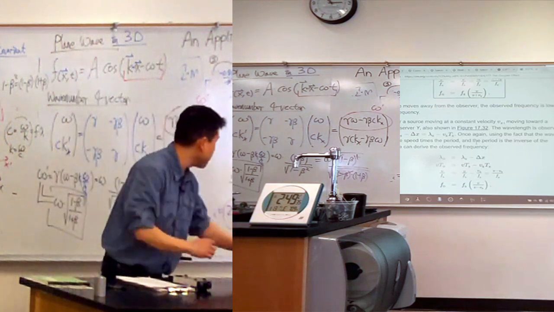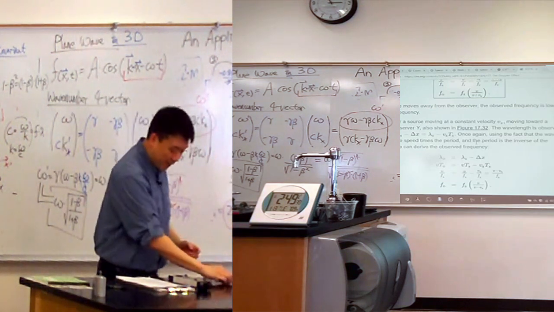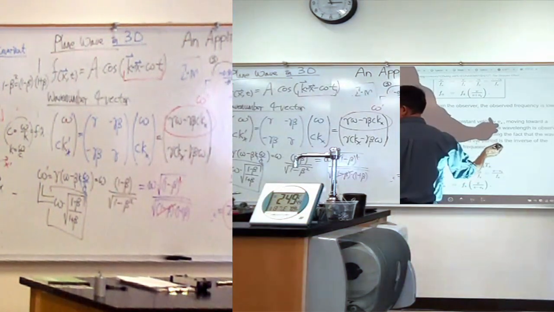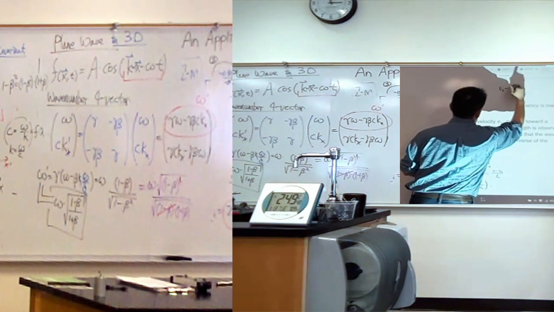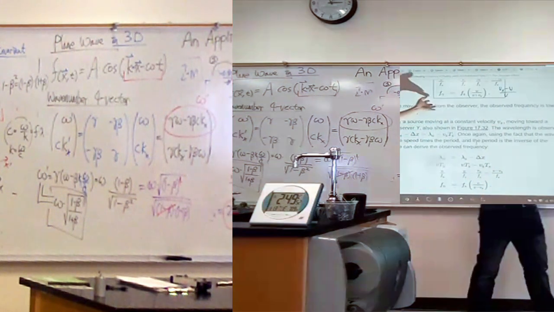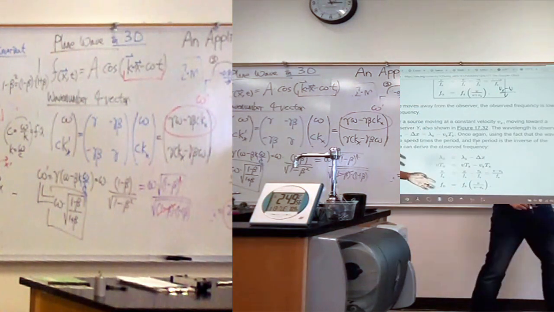One of them will be this, and the other one will give you something that looks like, I don't know, c minus v over c, or something like that. So this is what I mean by geometric mean.